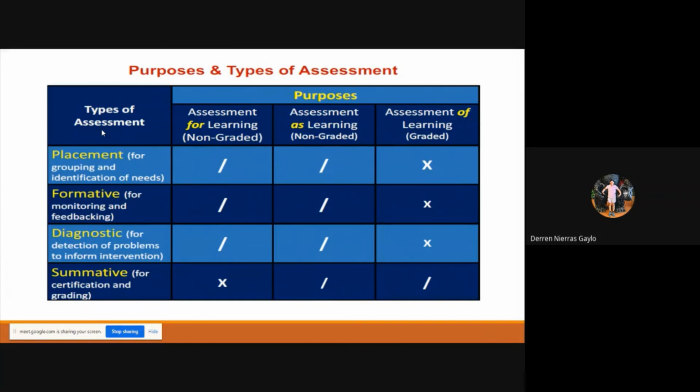It could be an assessment for learning and assessment as learning. For diagnostic, it's more on detection of problems to inform intervention. It could be in the assessment for learning or assessment as learning. For the summative assessment, which is used for certification and giving grades, it's more on assessment of learning and assessment as learning. Take note, the assessment for and assessment as are non-graded assessments, while assessment of learning are graded.